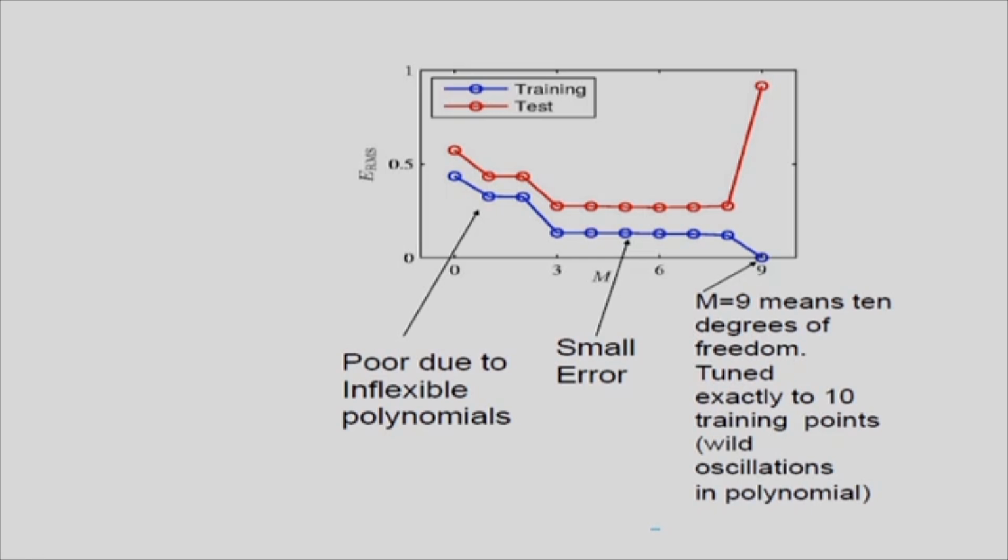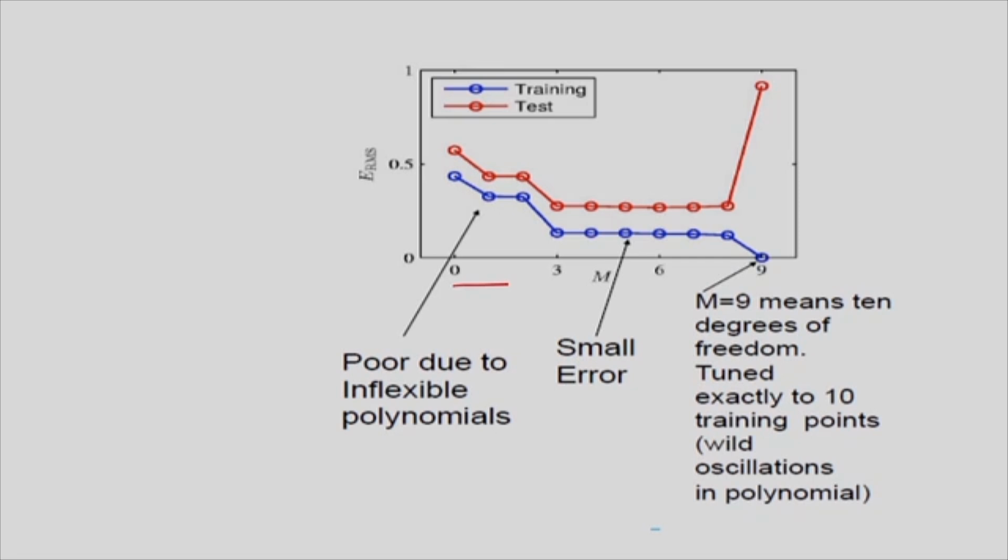If I consider the model order as 0, 1 or 2, the E_RMS error during the testing is high because of inflexible polynomials. If I consider a very simple model, then I cannot perfectly represent the observed data. That is why I am getting the error during the training and the error during the testing.